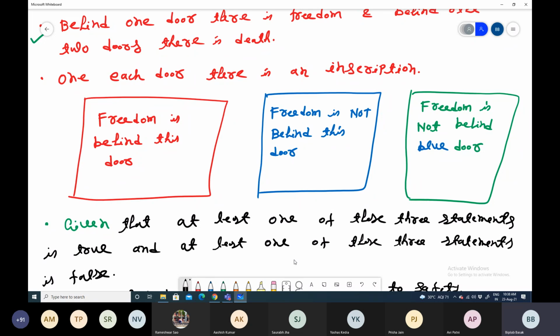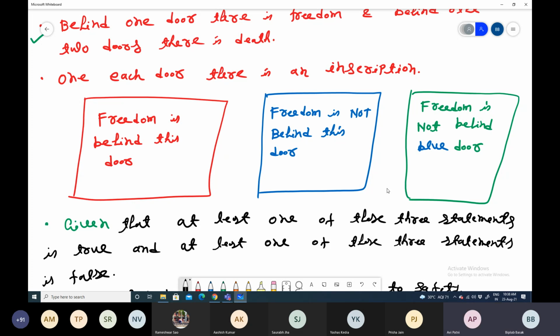For an example, you can use De Morgan law, distributive law, something of that kind. And for this one also you can use case 1, case 2 and case 3. First case is freedom is behind red door, second case is freedom is behind blue door, then you will get contradiction. And therefore the answer will be the green door. So this is one way to prove it.